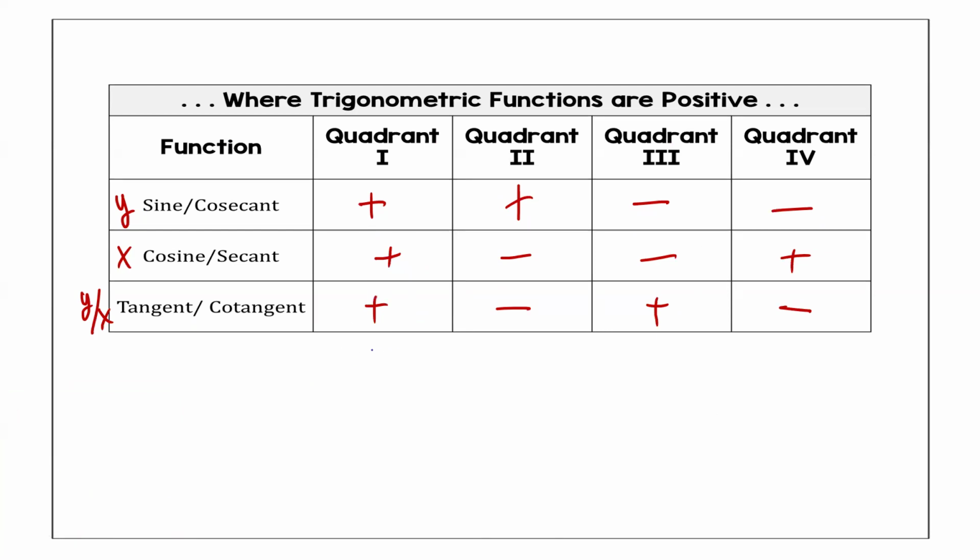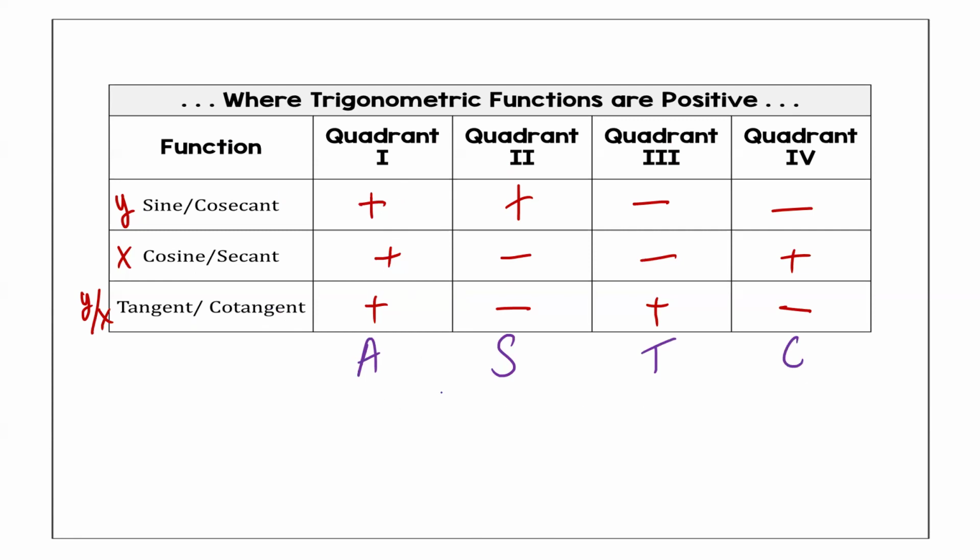She taught us that in quadrant one, all trig values are positive. In quadrant two, only sine and its reciprocal are positive. In quadrant three, only tangent and its reciprocal are positive. And in quadrant four, only cosine and its reciprocal are positive.